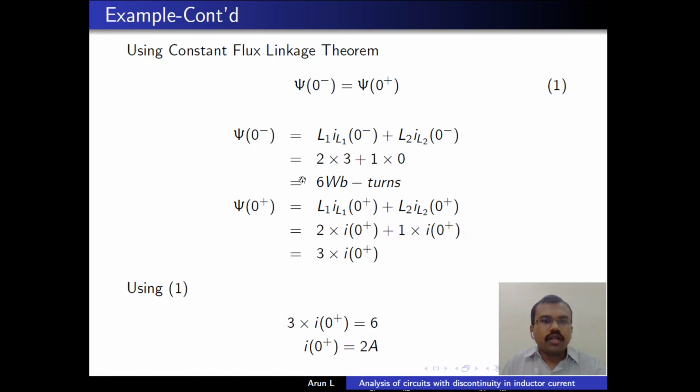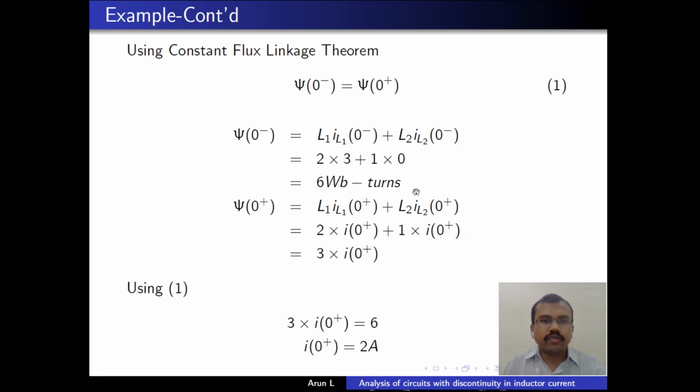So flux linkage at t equal to 0 minus will be equal to L1 multiplied by the current flowing through the inductor L1, that is IL1 at t equal to 0 minus, plus the inductor L2 multiplied by the current IL2 flowing through that inductor at t equal to 0 minus.